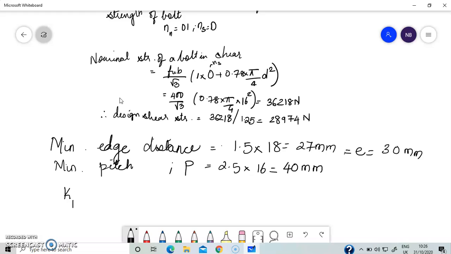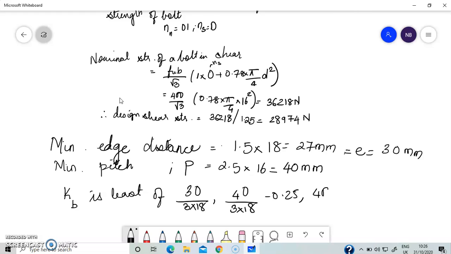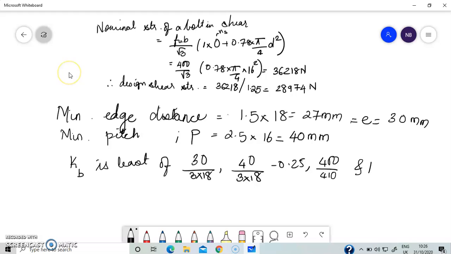Now, KB is the least of these four values. So the minimum of this is 0.4907.